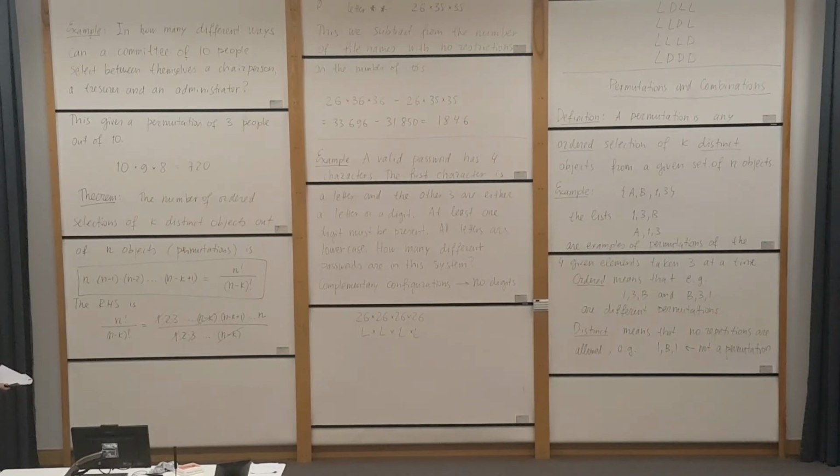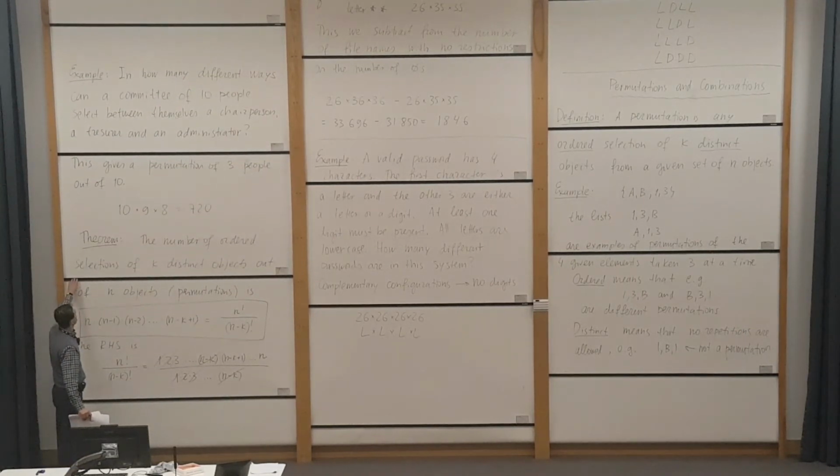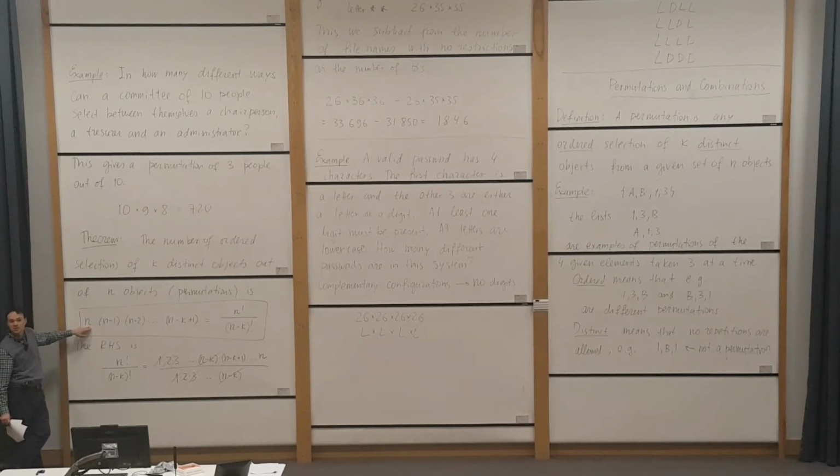And the proof is essentially a repetition of the reasoning I used in the previous example with the committee, right? So when we need to pick k distinct objects, then I can start picking them one after another, filling in positions in my permutation. So I will have n different objects to choose from to fill in the first position.